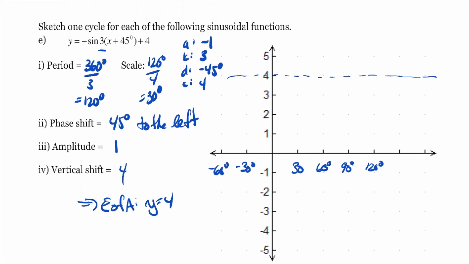The reason why this one is tricky is because my phase shift of 45 degrees is not an exact multiple of my scale. Thankfully, it is in between 30 and 60, which is 45. So basically we're going in between each of the ticks on my x-axis.